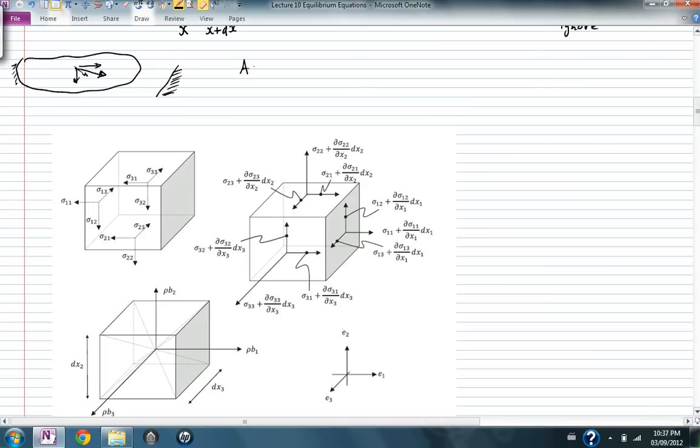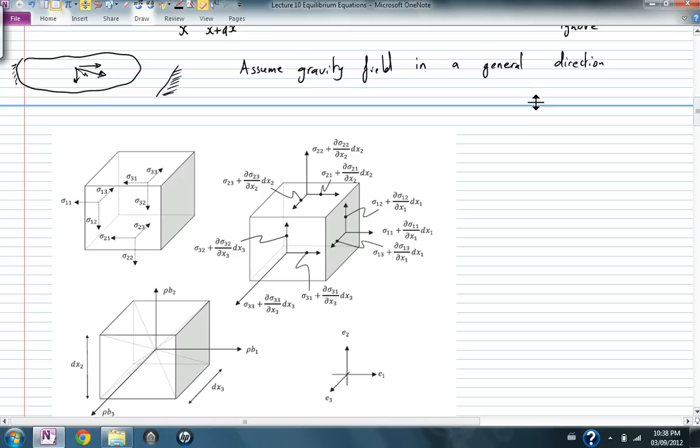So assume a gravity field in a general direction.